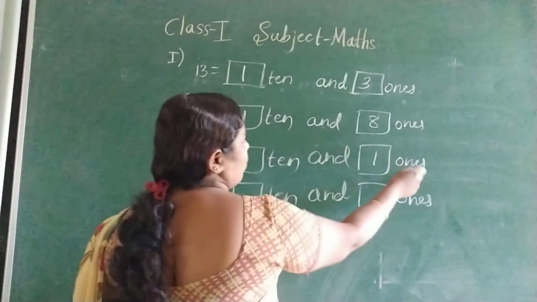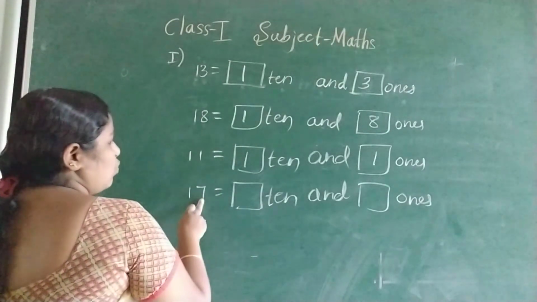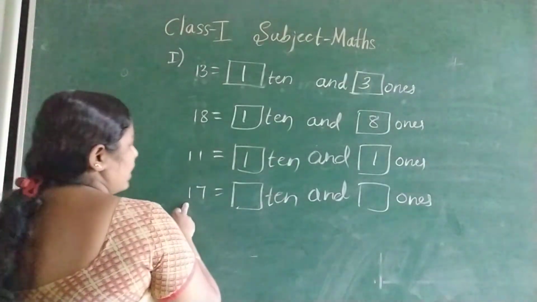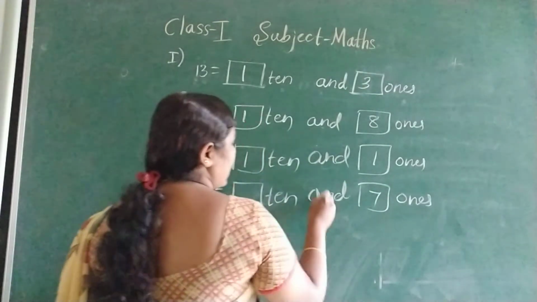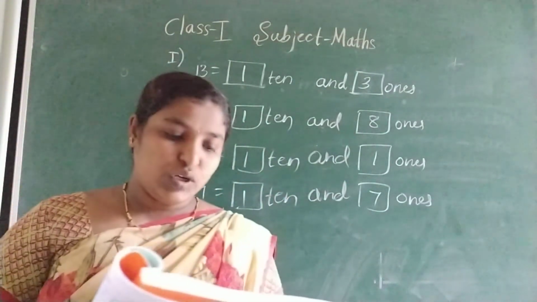Again 1 one and 1 ten. 7 ones and 1 ten. So write this in your textbook.